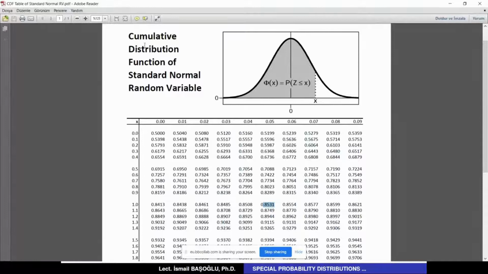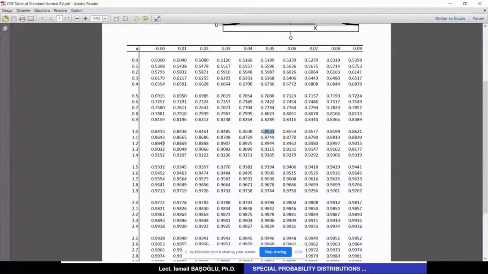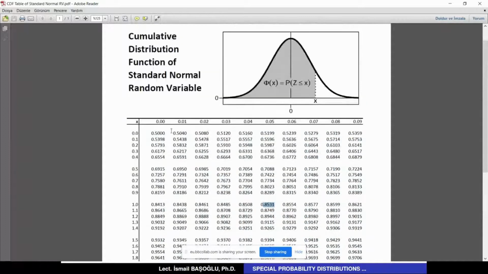So basically, this table is read from left to right and top to down, and the cumulative probabilities are always increasing as you move, okay? And you can identify any cumulative probability by looking at this table, and we are just going to practice this in a few questions that we are going to solve later.